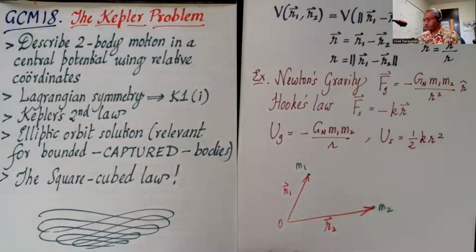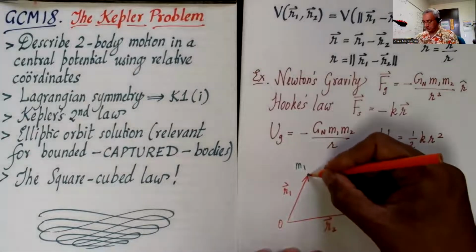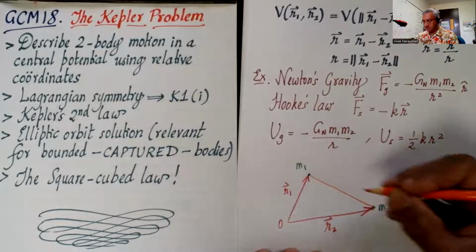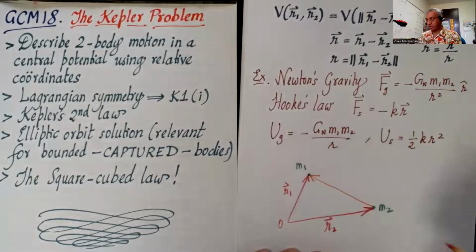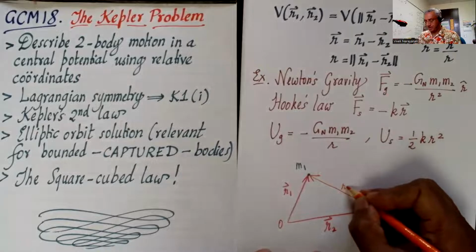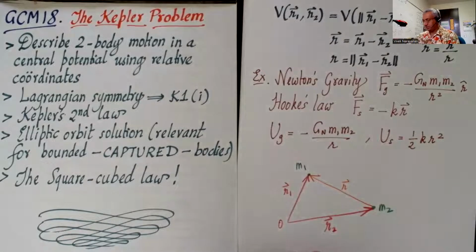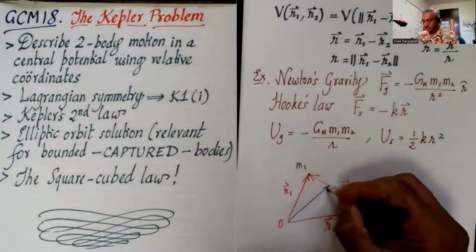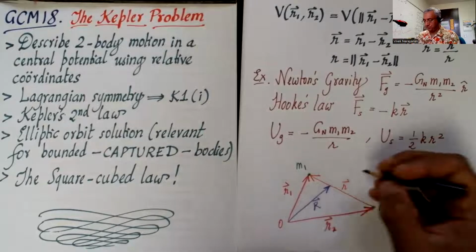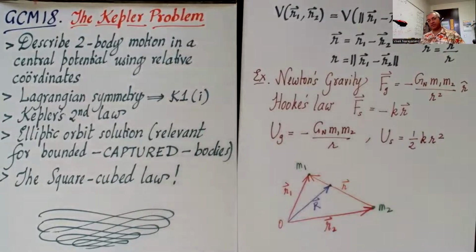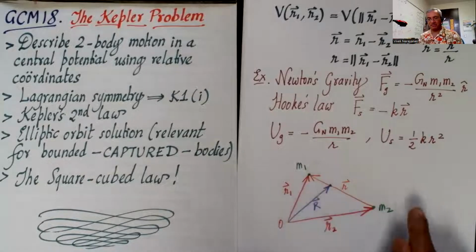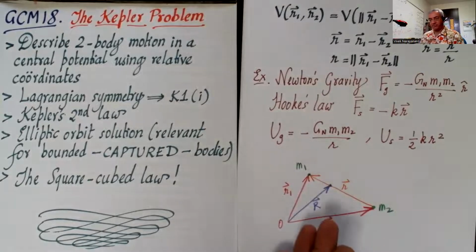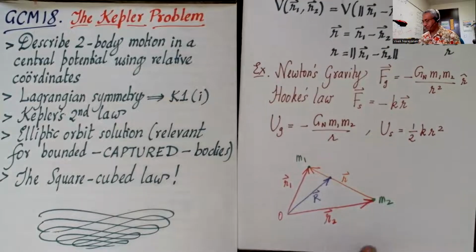The relative vector is the one joining M1 and M2, pointing towards M1. I'll explain why that is. And then I'm also going to write another vector, which is capital R, which describes the center of mass between the two objects. Now my drawing is such that M1 is more massive than M2. That's why the center of mass is closer to M1 than it is to M2. So that's our basic figure.